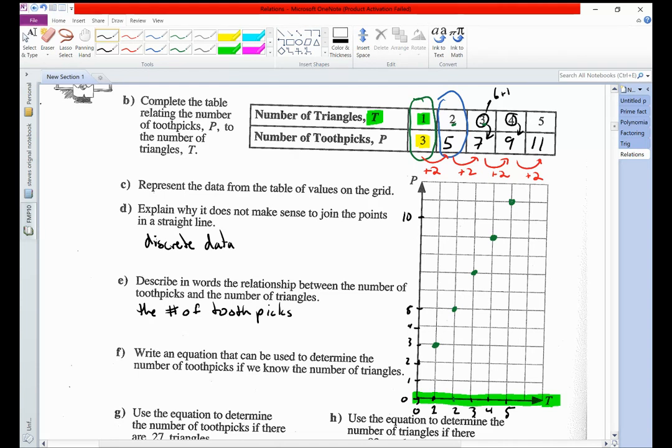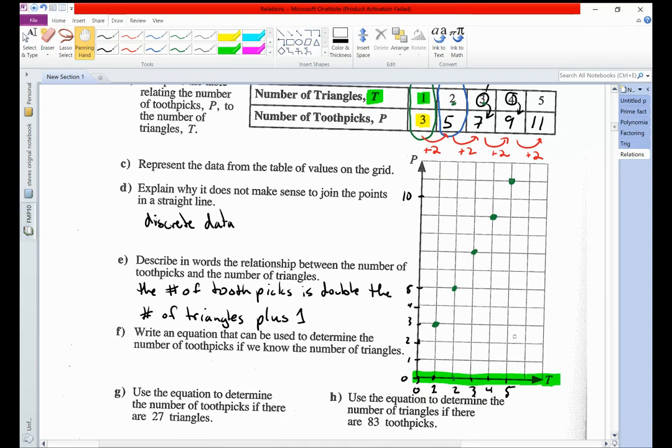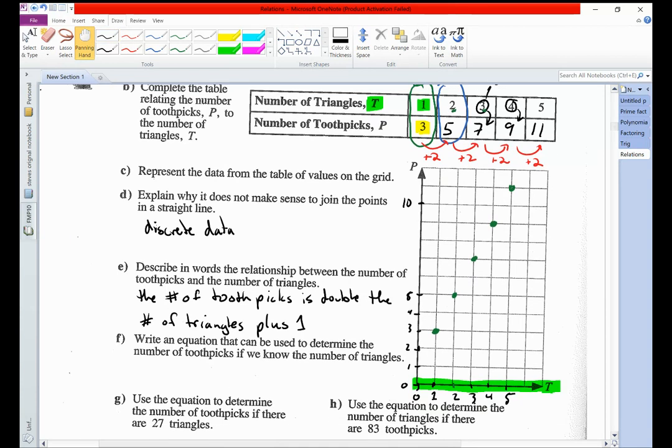So the number of toothpicks is double the number of triangles plus 1. It says write an equation that can be used to determine the number of toothpicks if we know the number of triangles.